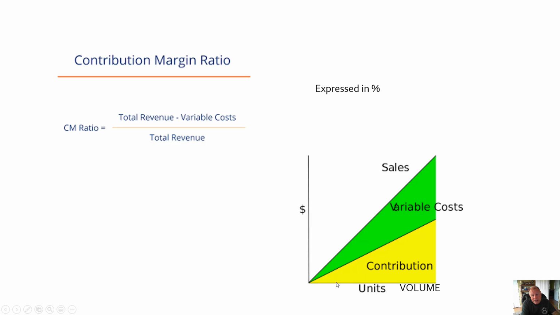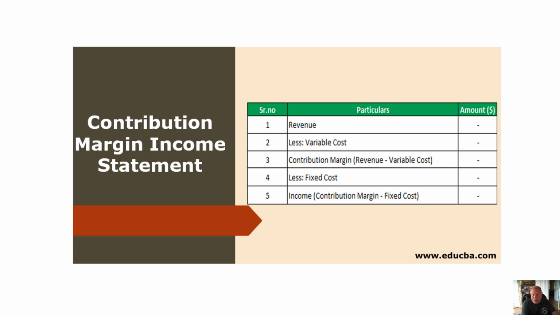So the more units we produce, sales go up, and our variable costs go up, but the contribution goes up. And that's more available to cover fixed costs. If fixed costs remain the same, this chart shows us that it will be growing. Okay? So we use those two pieces of information.